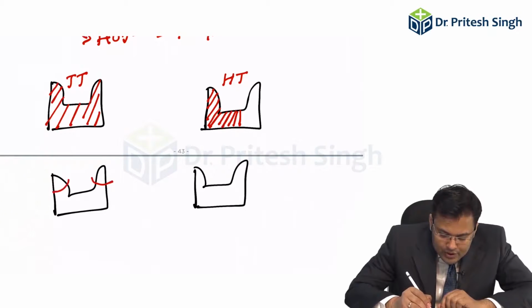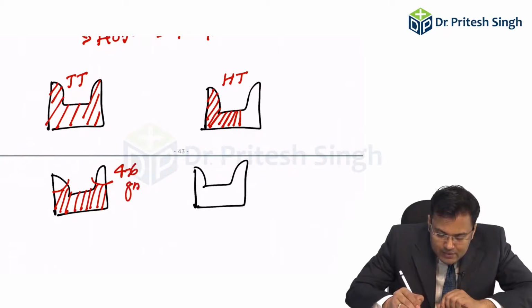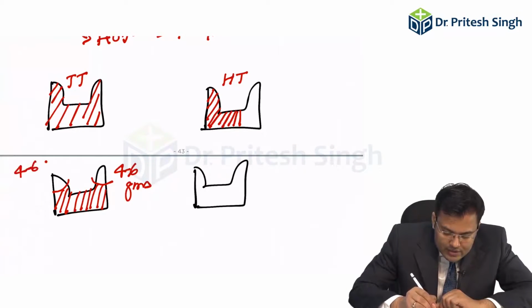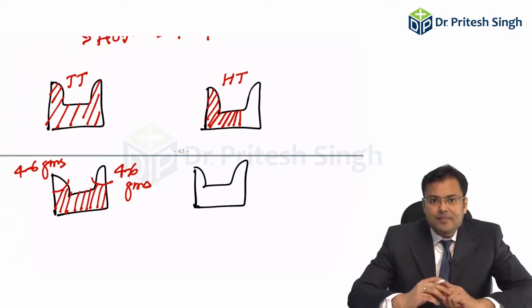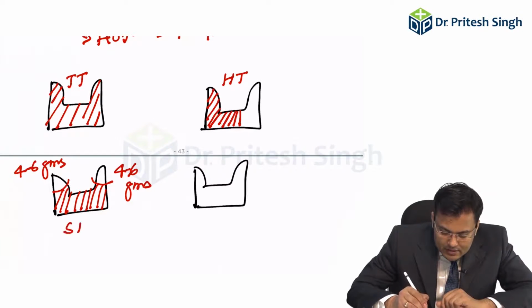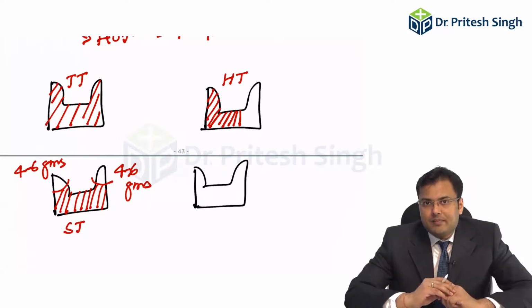Now have a look. If I am going to remove the thyroid gland leaving 4 to 6 grams of thyroid in each lobe superiorly, this is known as subtotal thyroidectomy.